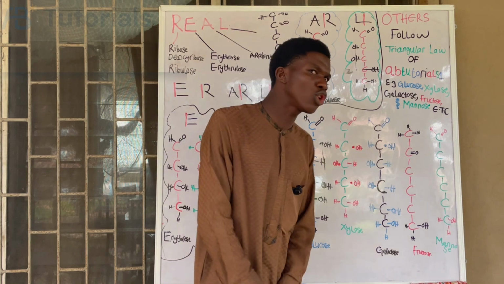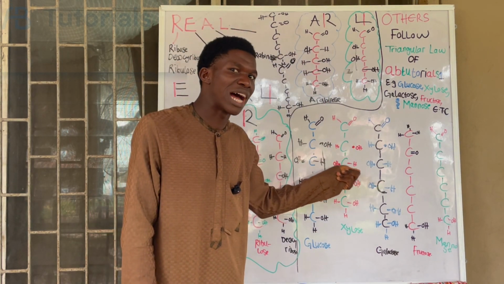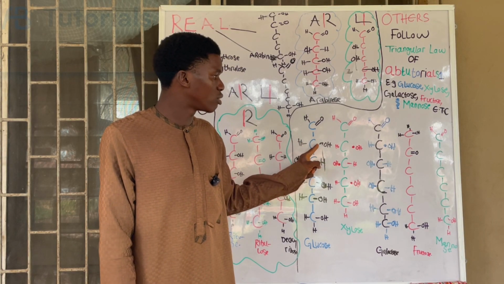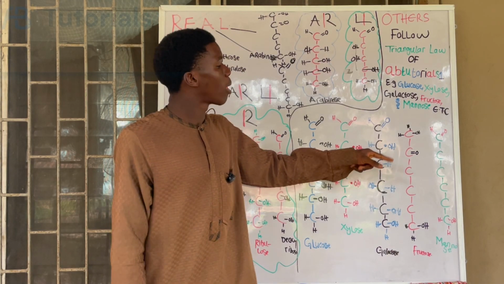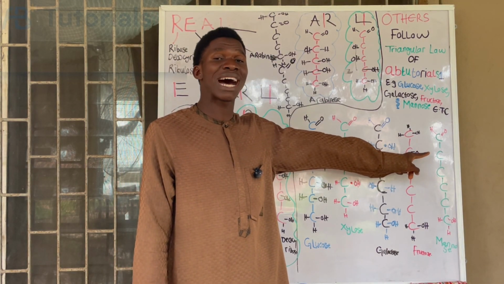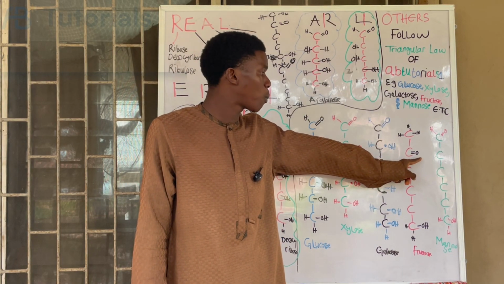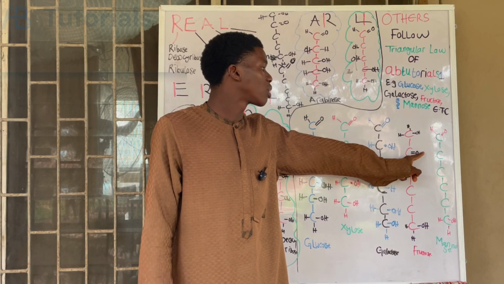But on an aldose, we start our triangle from the right and on the second carbon. Look at this one on the right and second carbon, right and second carbon. But the second carbon has occupied the position. I mean, this functional group has occupied the position where we are supposed to start forming our triangle.